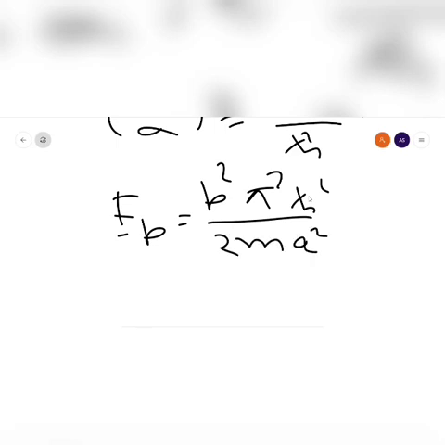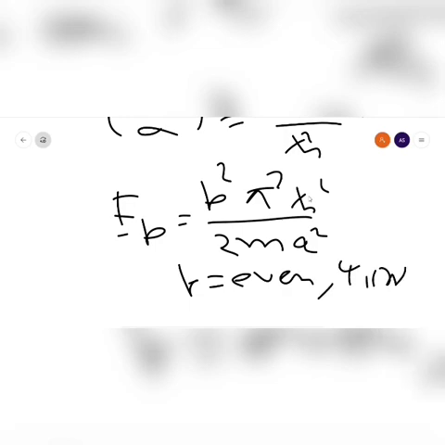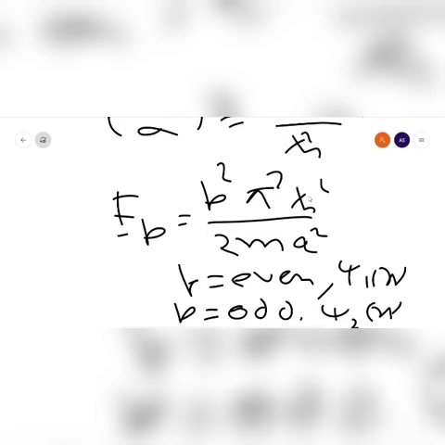Now the energy of the particle is E_p is equal to p square pi square h cut square by 2 m a square, when p is even for psi1 of x and p is odd for psi2 of x.